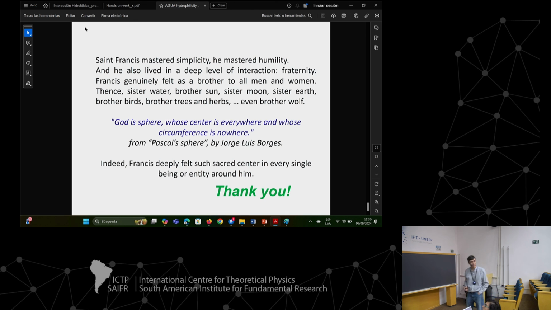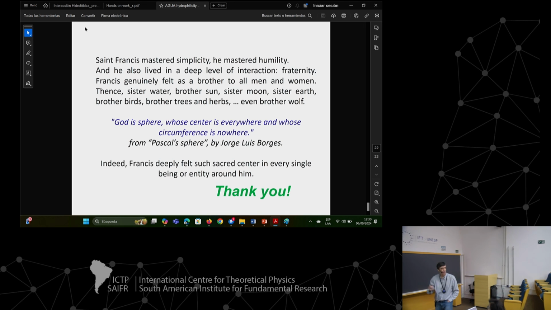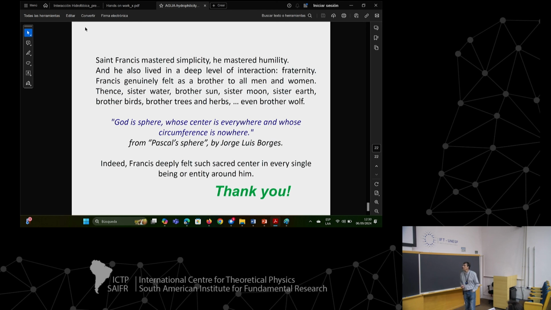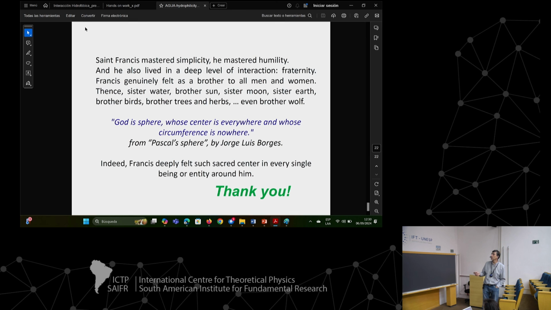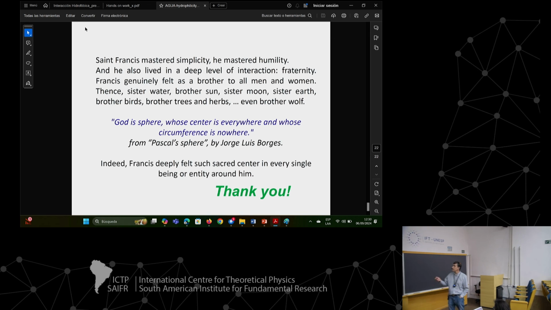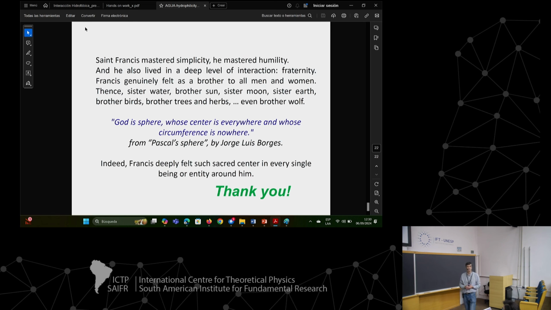There's a very beautiful story of St. Francis with the wolf. And I would like to end with a phrase that was brought to us by Jorge Luis Borges in Pascal's Sphere, that said that God is a sphere whose center is everywhere and whose circumference is nowhere. Indeed, Francis deeply felt that center in every living system, in every being or entity around him.